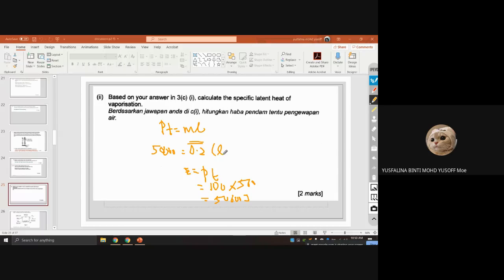And then you find the L. So the L is actually 2.5 times 10 to the power of 5 J kg negative 1. Okay, so this is the answer.